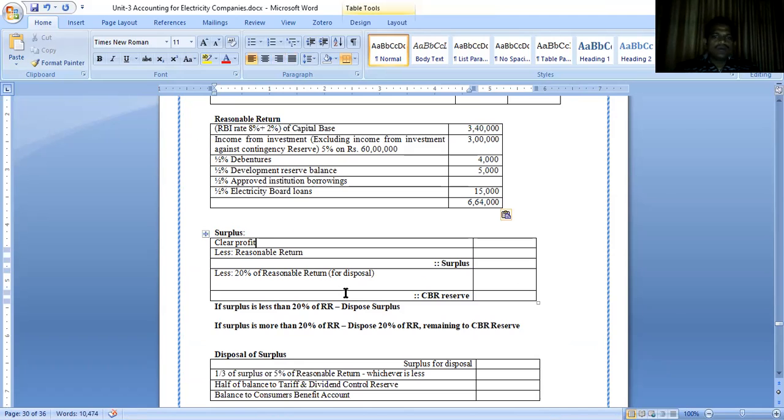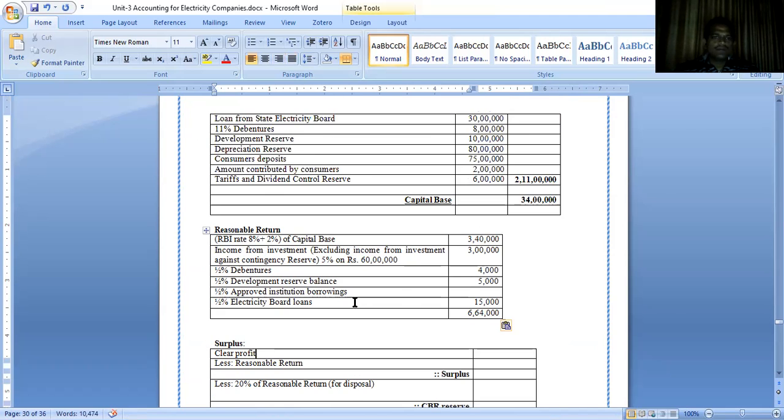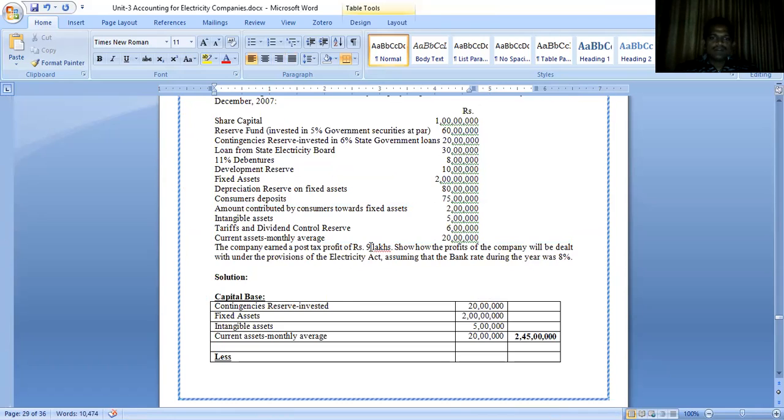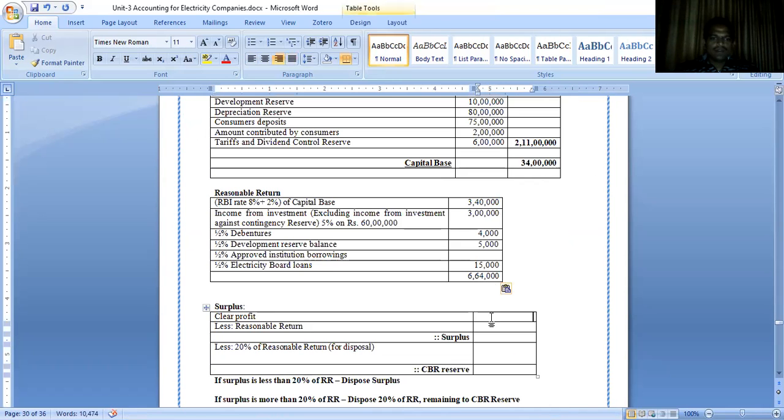So we have to calculate the surplus. So profit is 9 lakhs and the reasonable return is 6 lakhs 64,000. Surplus is 2 lakh 36,000. So 20% of reasonable return is 1,32,800.